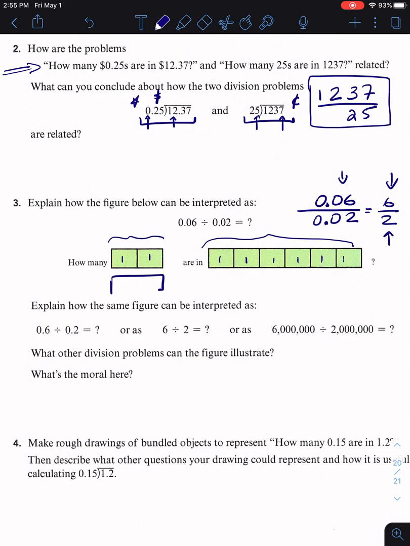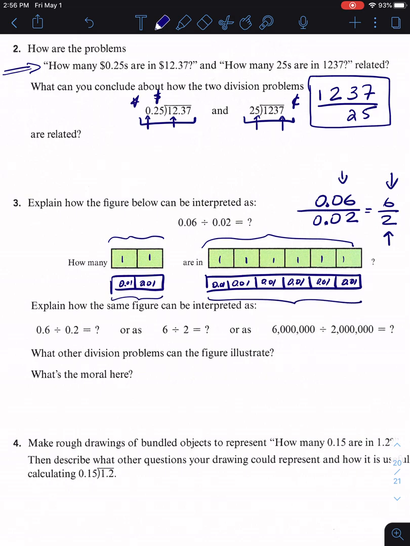But if each of the blocks actually represents 0.01, there's still going to be 3 of these in every one of those, no matter what each of those rectangles represents.